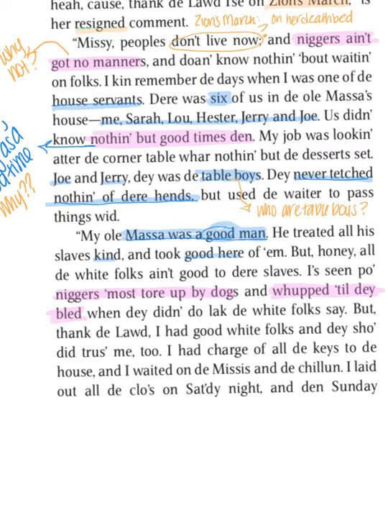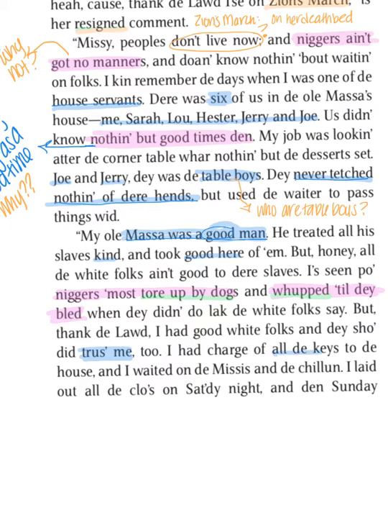Now maybe you chose to annotate this in green because it's a big image. That's okay. You could have either one here. "And whooped till they bled when they didn't do like the white folks say. Thank the Lord I had good white folks and they sure did trust me too." This is interesting. Hers trusted her as a slave.